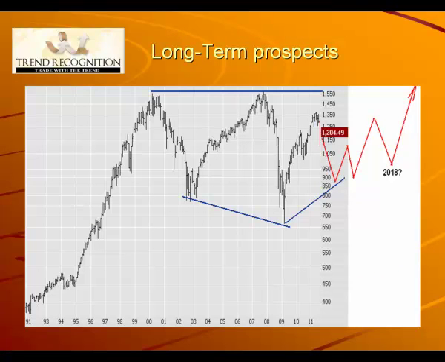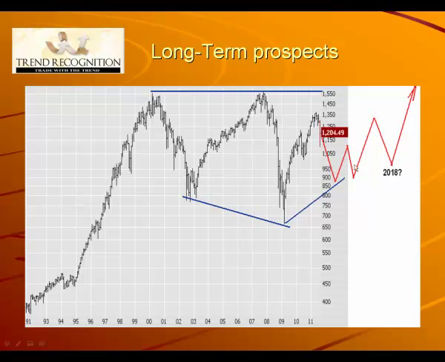My long-term readers know that I've been looking for a long time for a contracting triangle since the 2000 top, the top that was achieved in the summer of 2000. And if that's the case, we have just entered the last phase down of this contracting triangle.